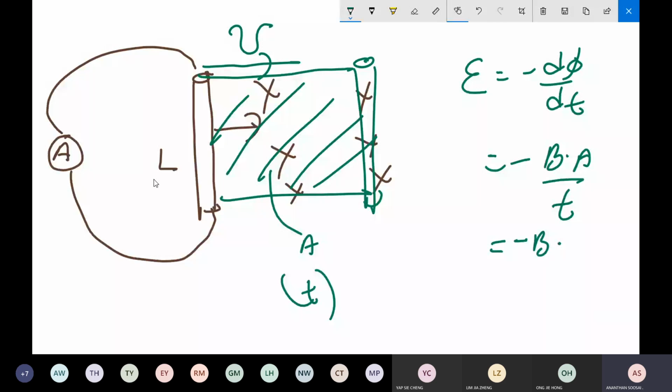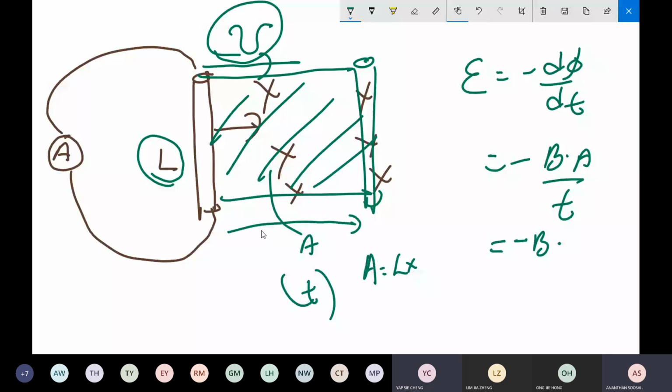The area we can represent in terms of L and V. The area swiped, how do you link to L and V? Area is length times this horizontal distance. And this horizontal distance in terms of V should be V times T, right?